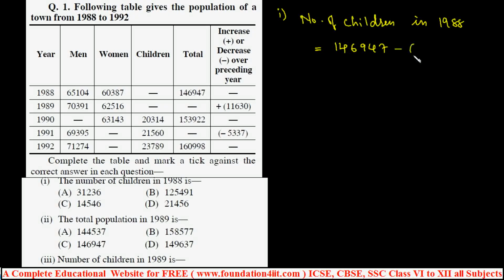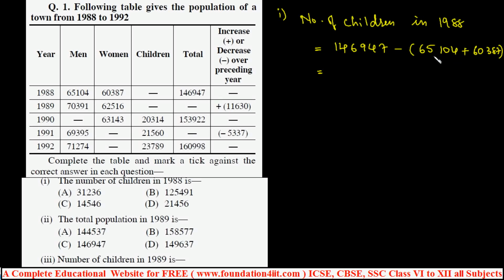From this, we should subtract the men population and the women population. That is 65,104 plus 60,387. By adding these and subtracting, you'll get the direct answer.